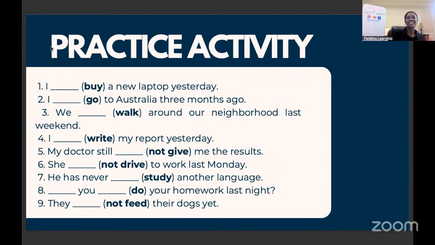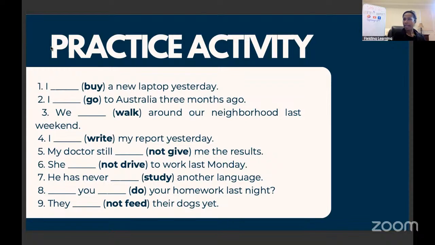Oh, actually, in this case I already gave the "has never." The blank is for the past participle of "study," which is "studied." So he has never studied another language.